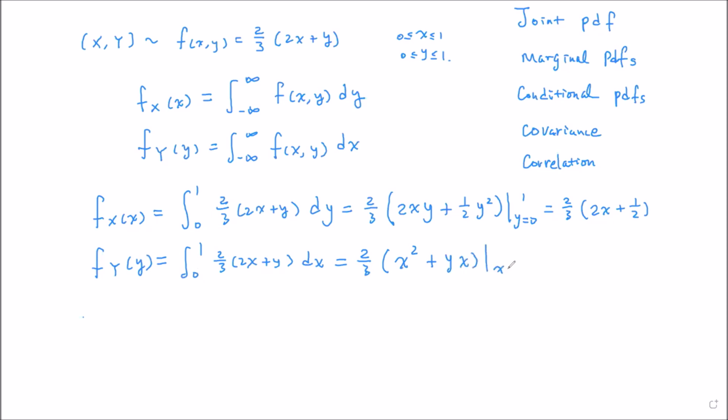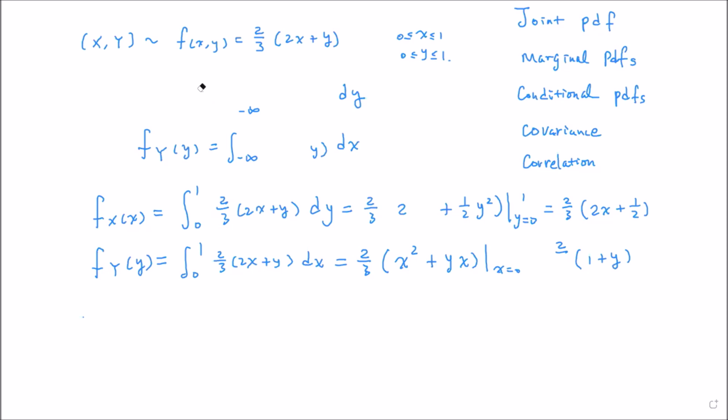And then x runs from 0 to 1. Yeah, 2/3 times 1 plus y. Okay. And similarly, you integrate with respect to y. You have y plus half y squared. And then you go from 0 to 1, you will get 3 halves again. So I do get the marginal density.